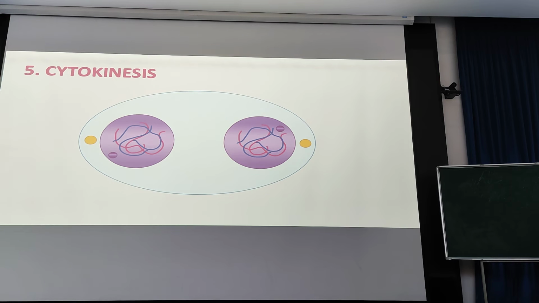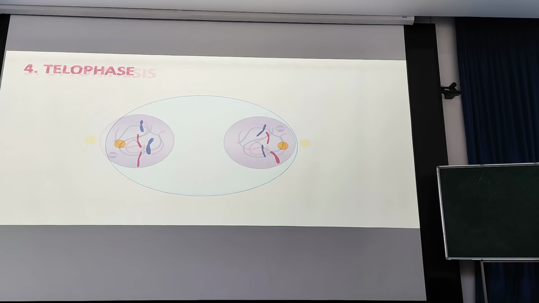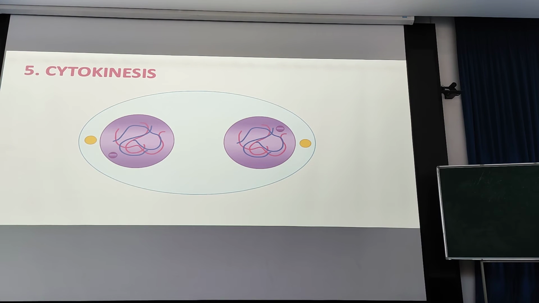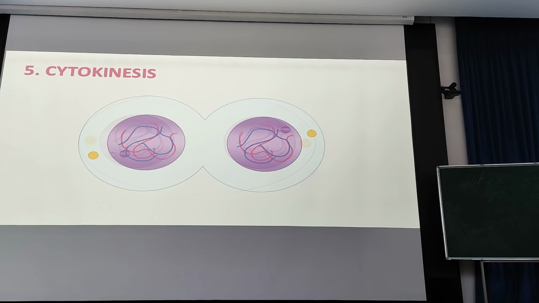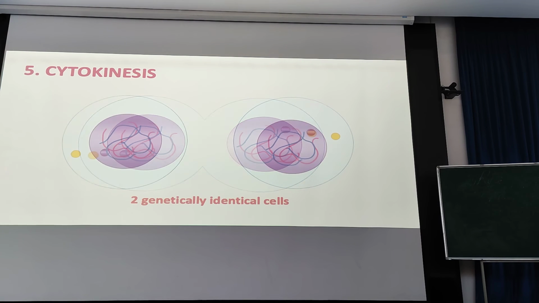And the membrane and the nucleus appear again, and it comes to the process called cytokinesis, where the cytoplasm divides until we have two distinct cells, two symmetrical and distinct cells.